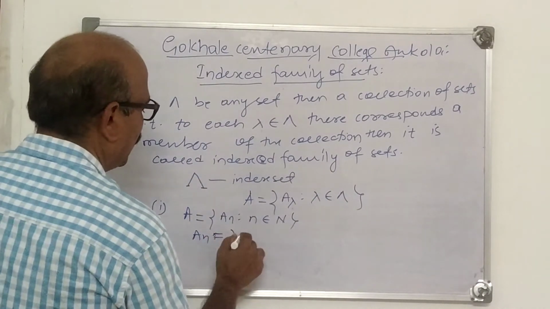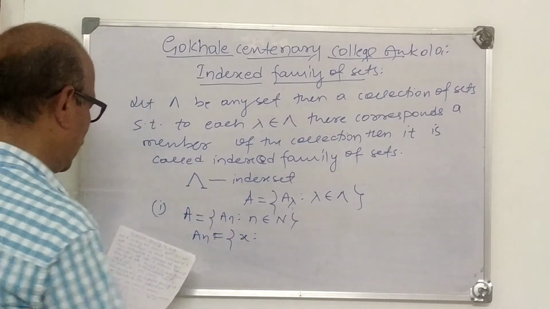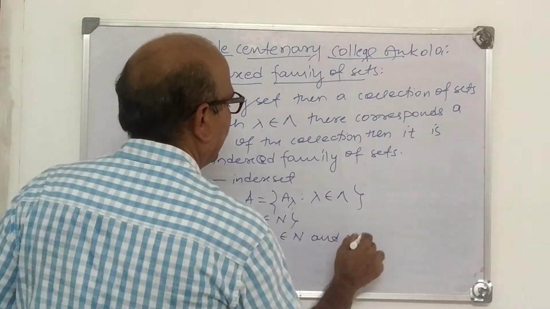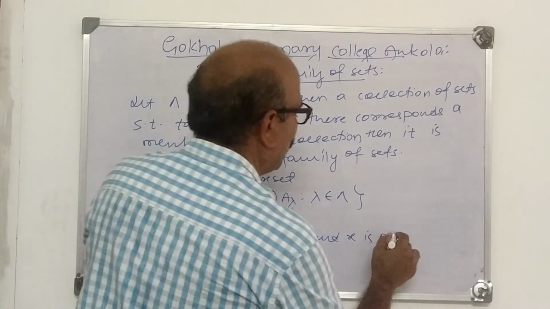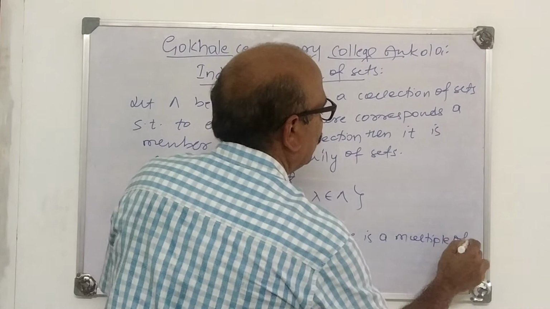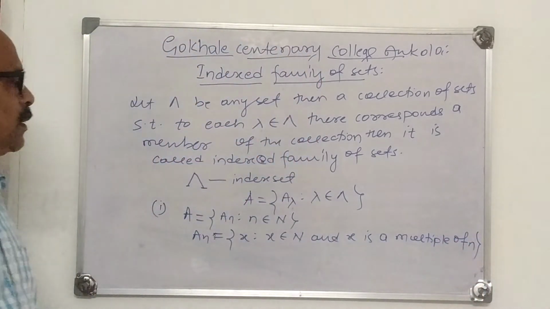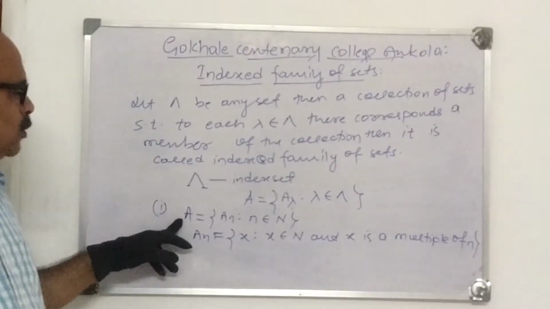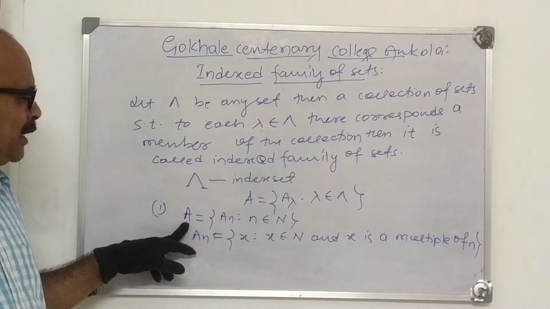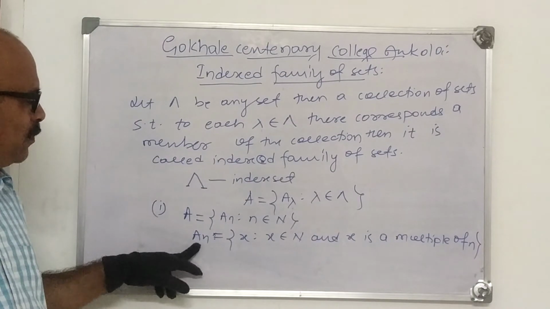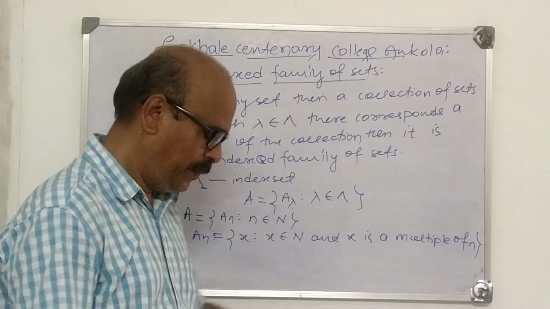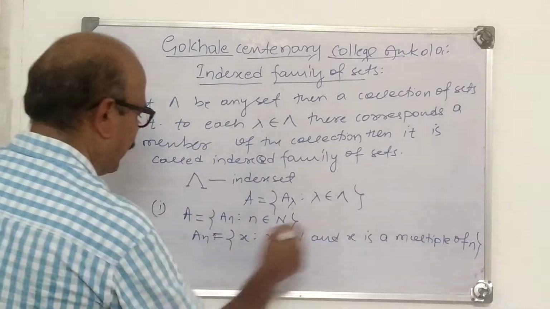An is the set of all x such that x belongs to N and x is a multiple of n.